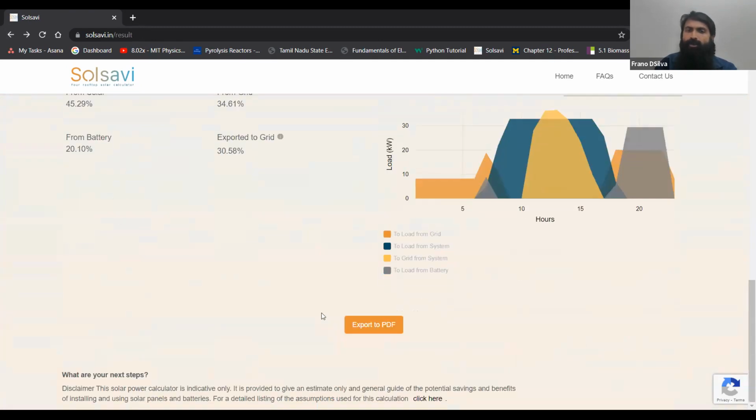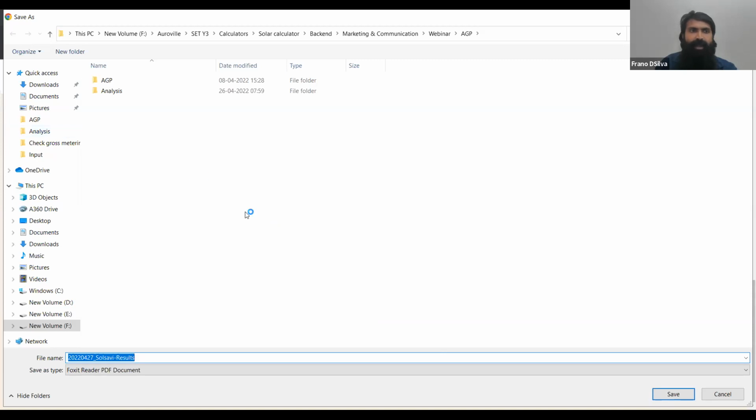There is also an option for the user to export the results in the form of PDF and display or save the results whenever possible.